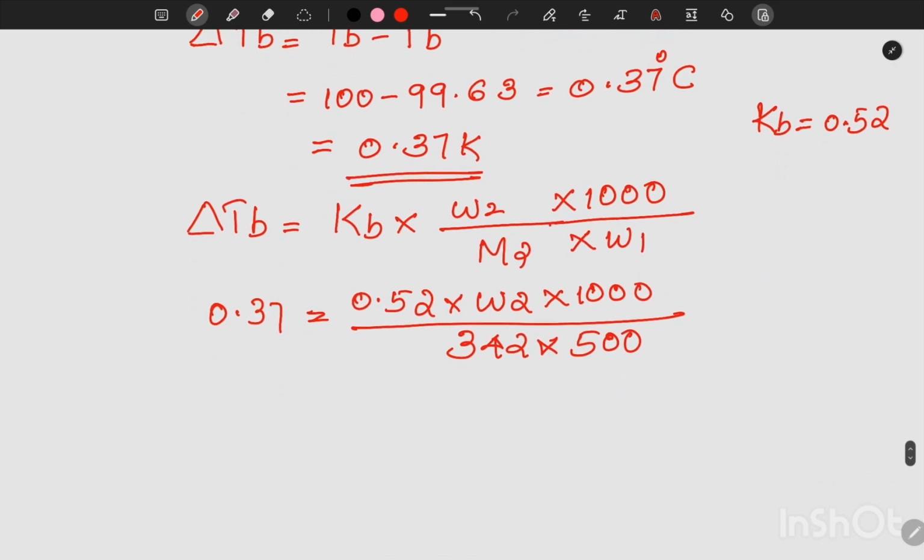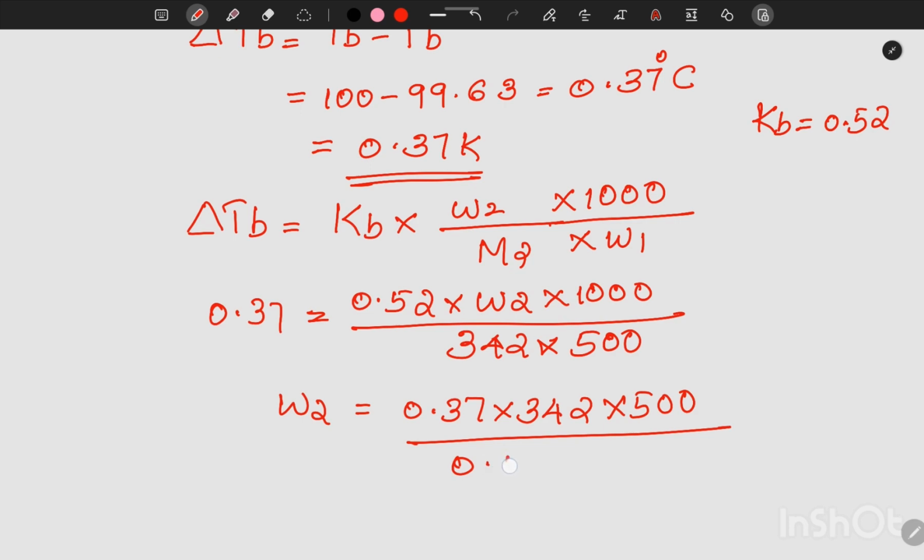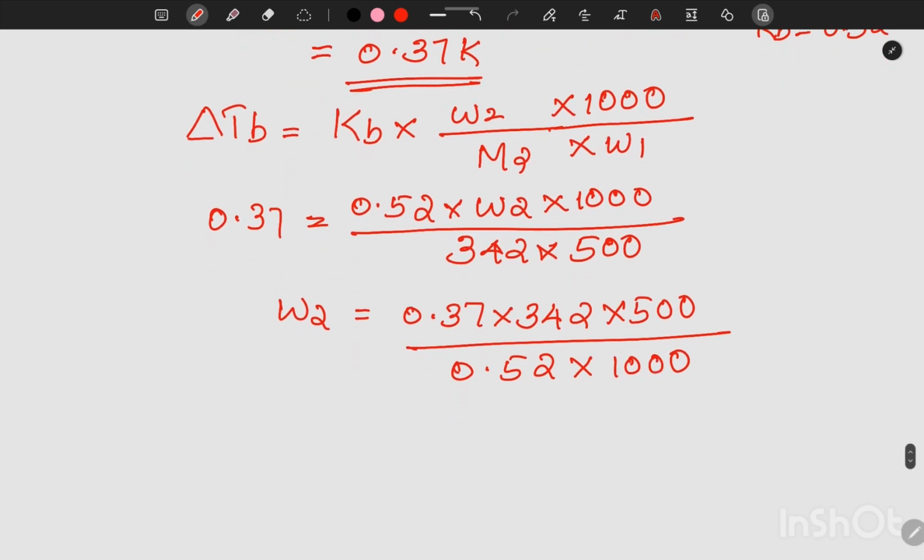So when we simplify we will get W2 is equal to 0.37 into 342 into 500 divided by 0.52 into 1000. When we simplify this we will get 122 gram.